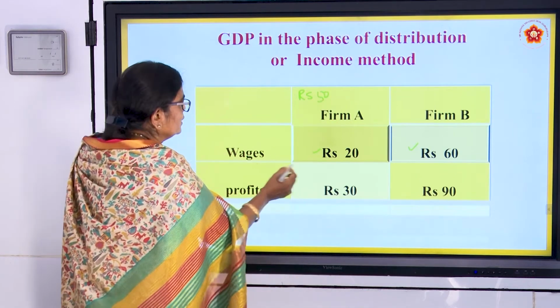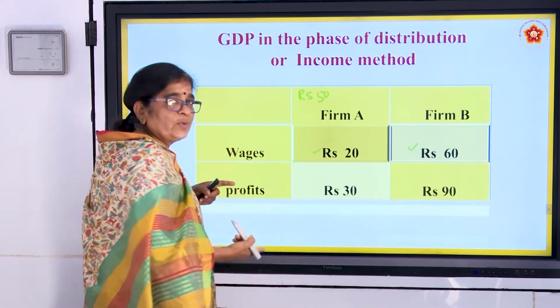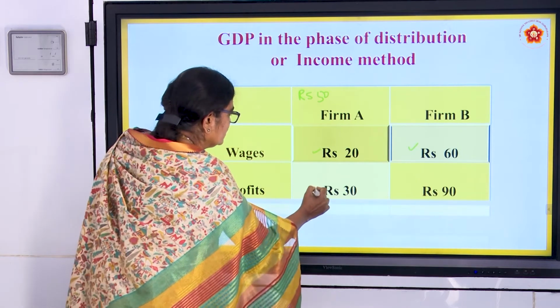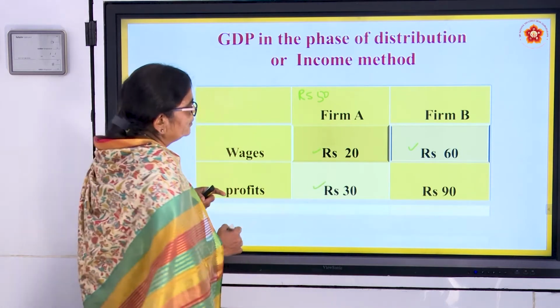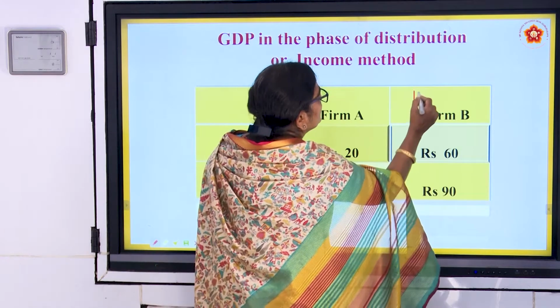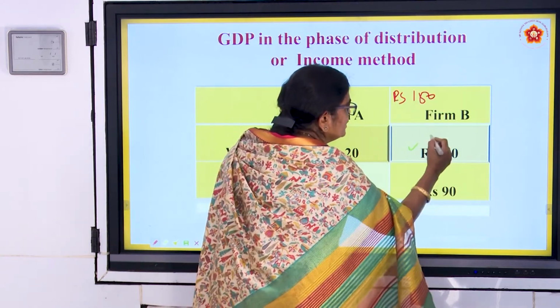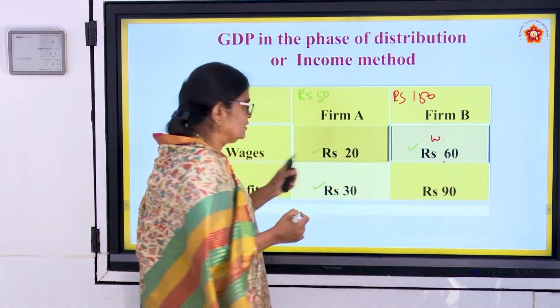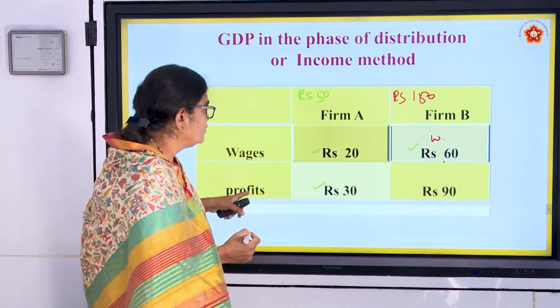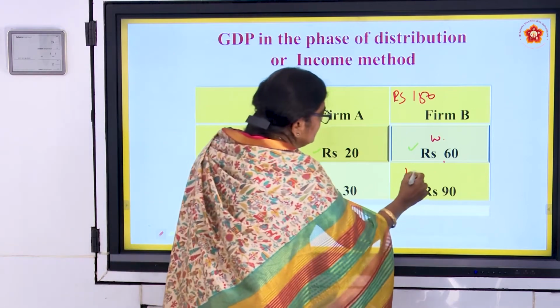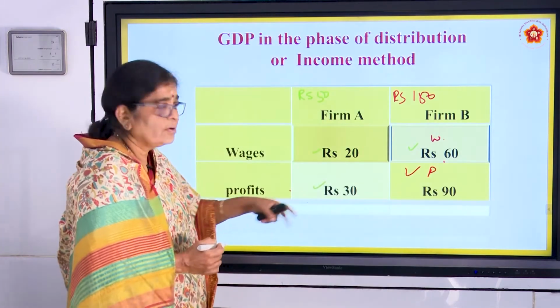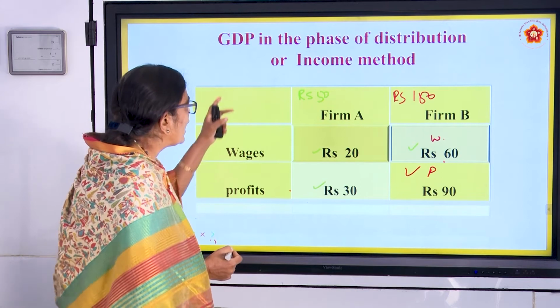Out of rupees 50, it has allotted 20 as wages and 30 as profit. And out of 150 of firm B, it has given wages 60 and profit 90. Therefore, what can we do now?